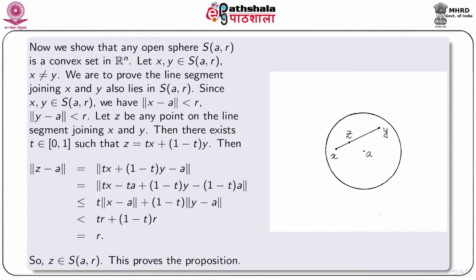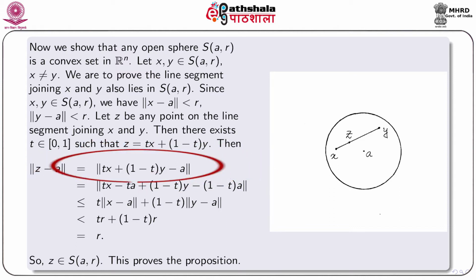Now, let Z be any point on the line segment joining x and y. Then there exists a t in the closed interval [0, 1] such that we can express Z equal to t x plus (1 minus t) y. If we can show that norm of Z minus a is less than r, then it will be proved that Z lies in the open sphere S(a, r).